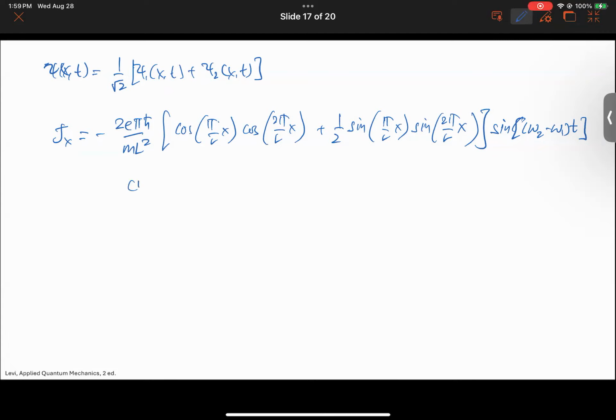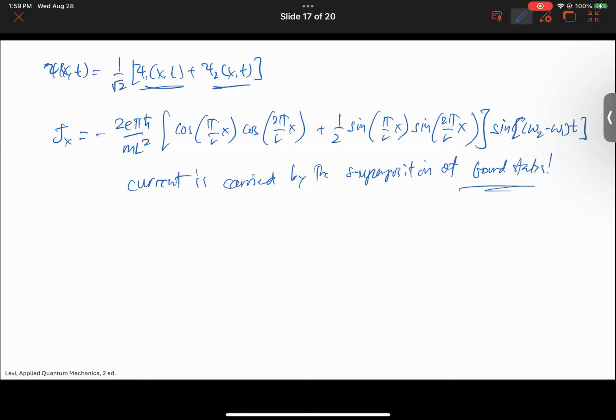So the current is carried by the superposition of bound states. That is when you have current, because those states interact with each other. Furthermore, the current has an oscillatory dependence, so it oscillates. It has time dependence.